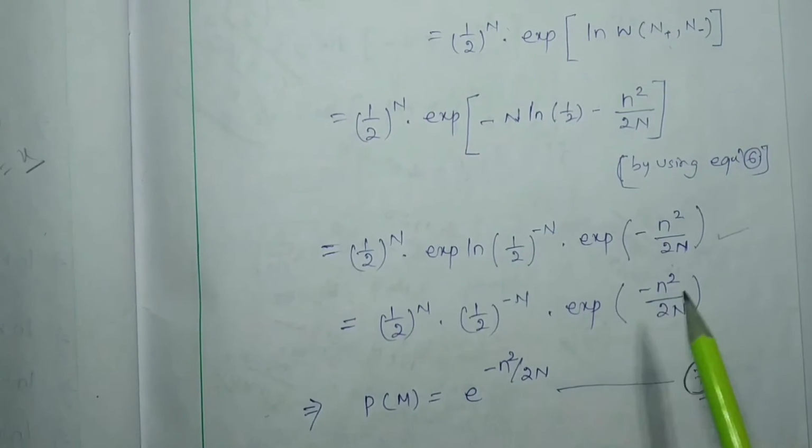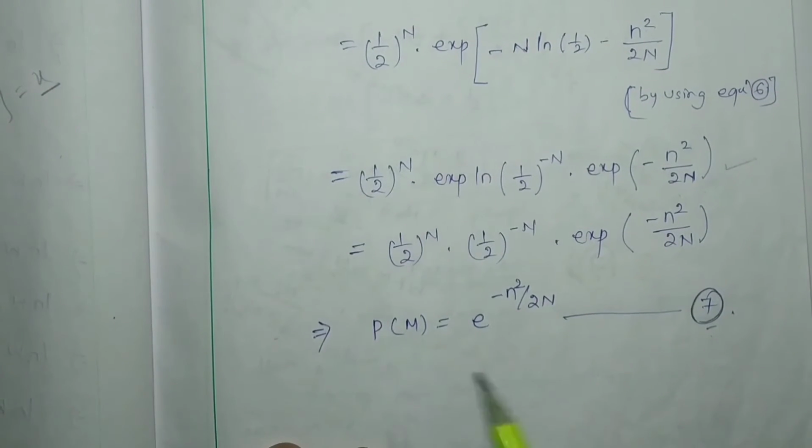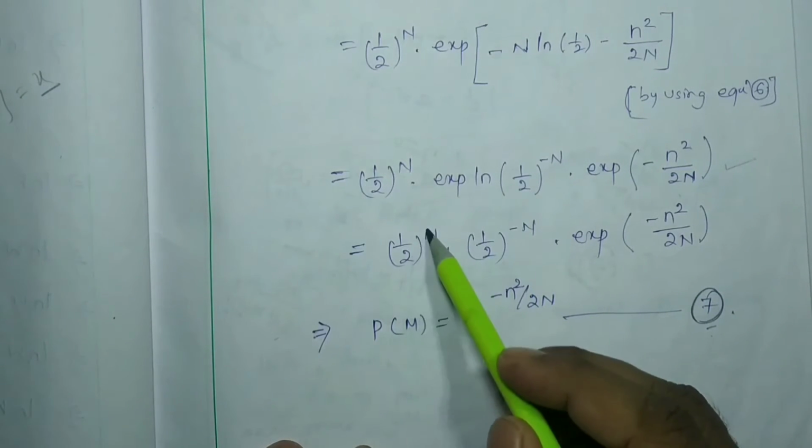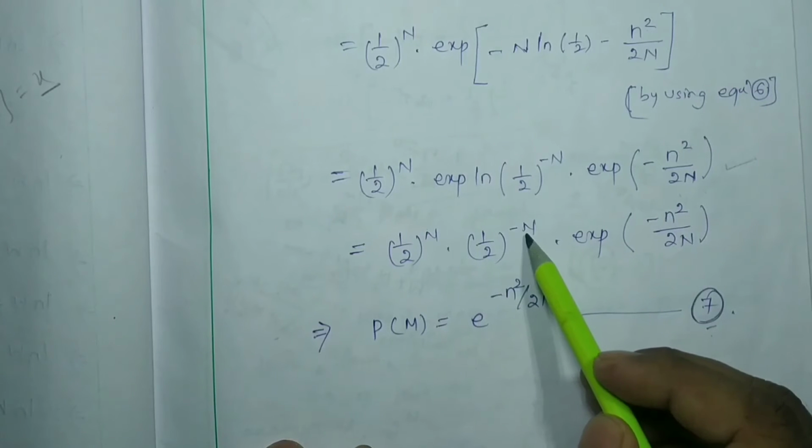So here you can see this term can be cancelled: 1 by 2 to the power N into 1 by 2 to the power minus N.